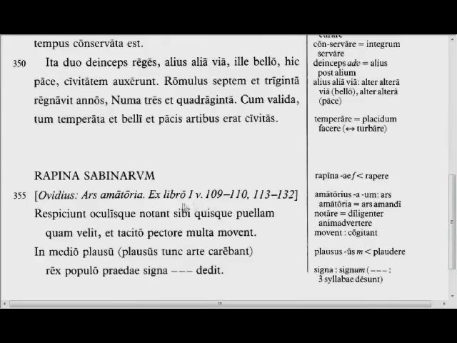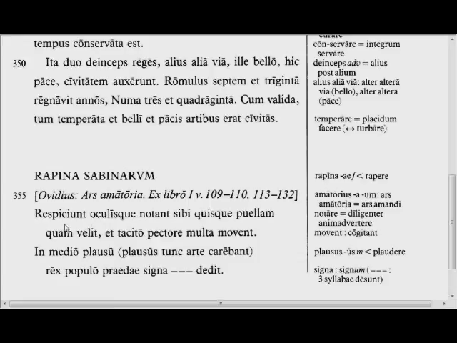Two shorts in "sibi," followed by a long I in "quisque" because you have two consonants, and a short E, followed by a short U, and a long E, and a long A. So the way you would read this line would be "respiciunt oculis que notant sibi quisque puellam."